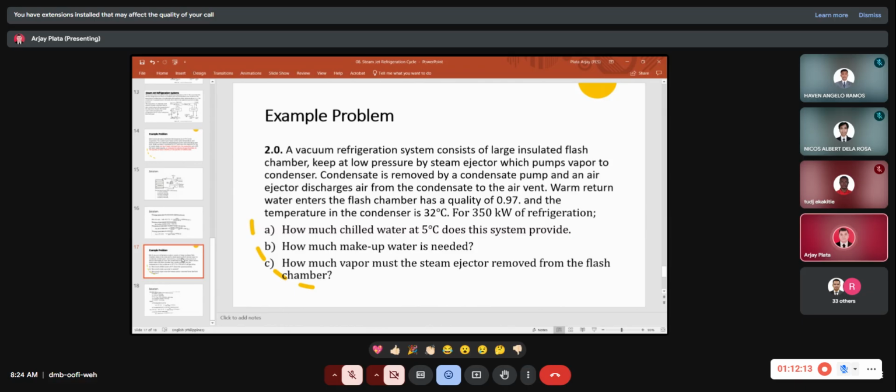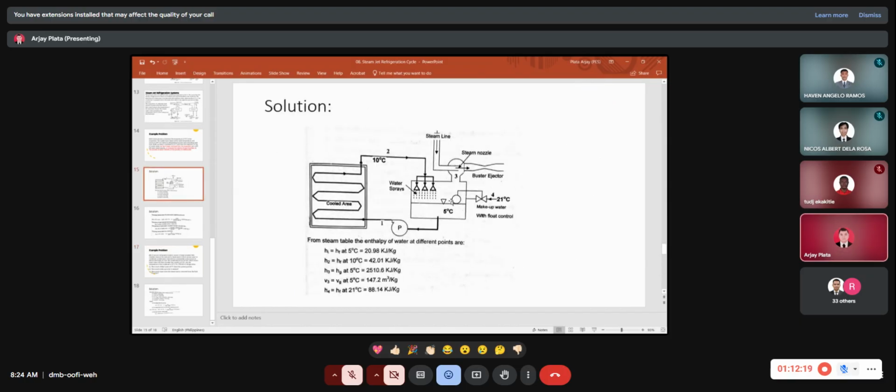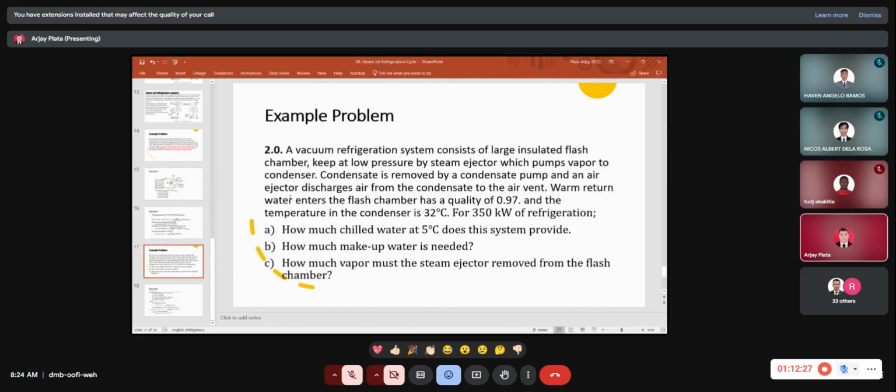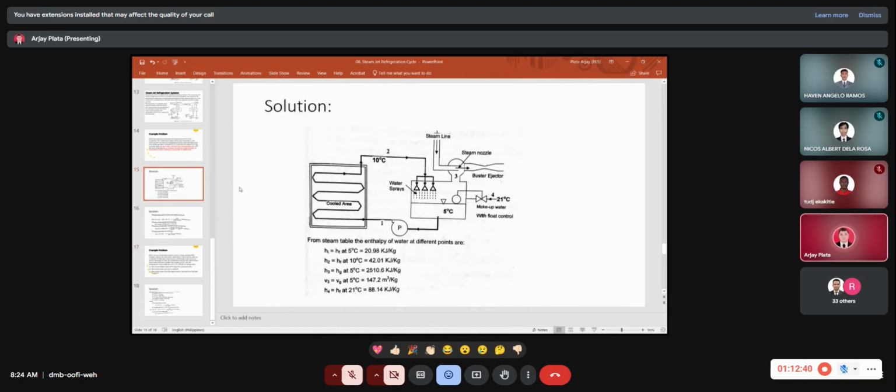A vacuum refrigeration system consists of a large insulated flash chamber. So ito din yung ating diagram, same lang, yung ginamit natin kanina sa previous problem. The low pressure is kept by a steam ejector which pumps vapor to the condenser. So the vapor coming from the flash tank is pumped to the condenser.